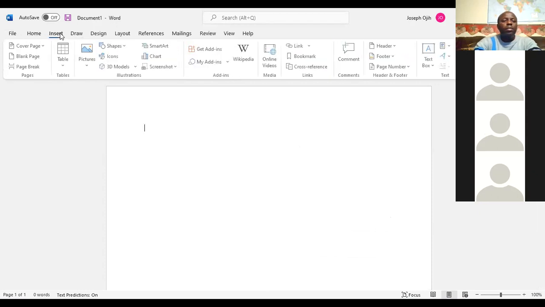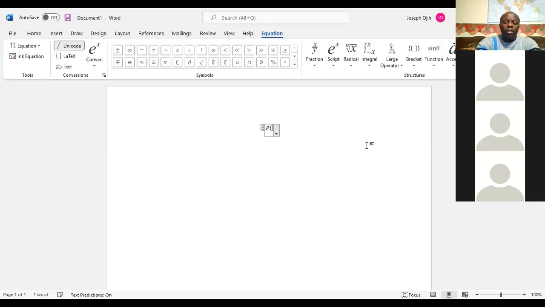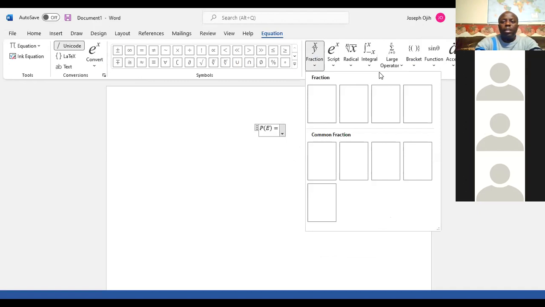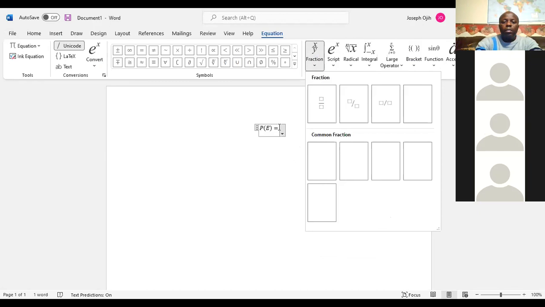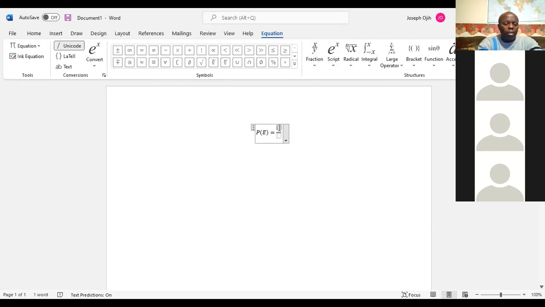The probability of event E, because it is based on sample space, now becomes equals the number of ways event E occurs, or number of outcomes of event E, divided by the sample space, so the total number of outcomes in the sample space. So that's basically what it is.